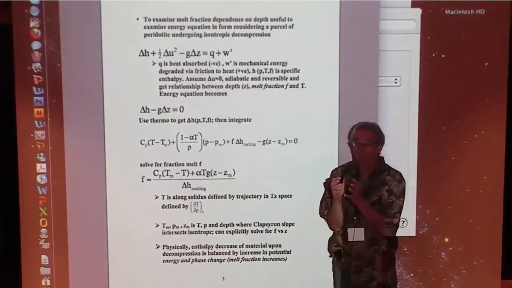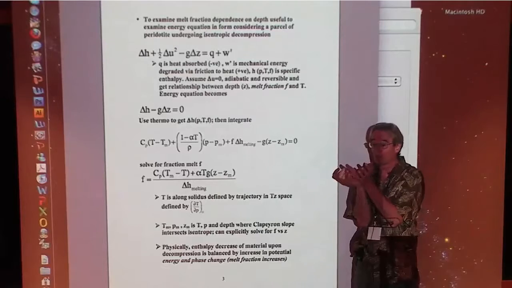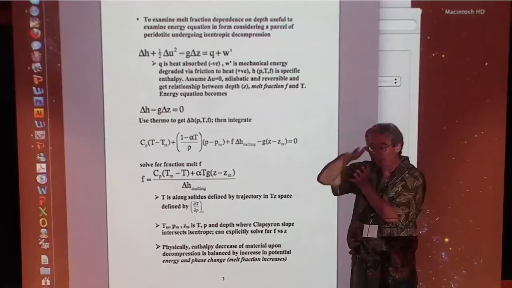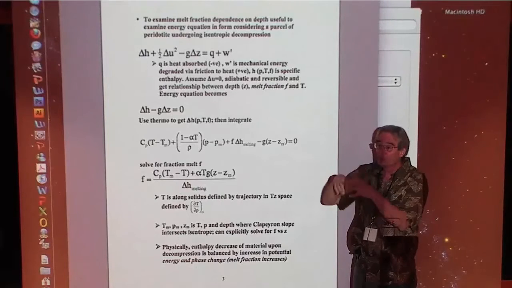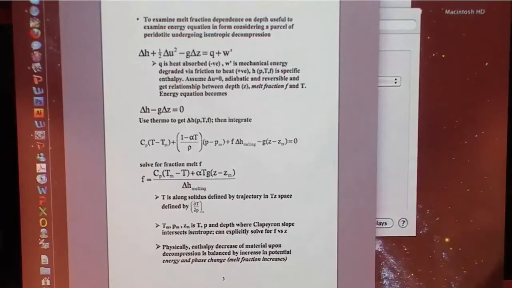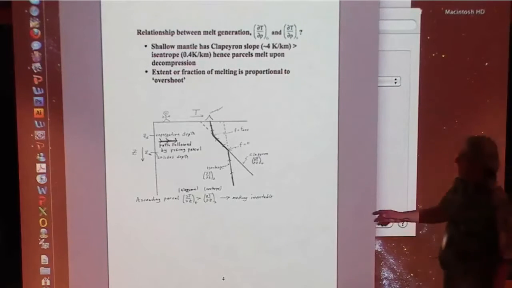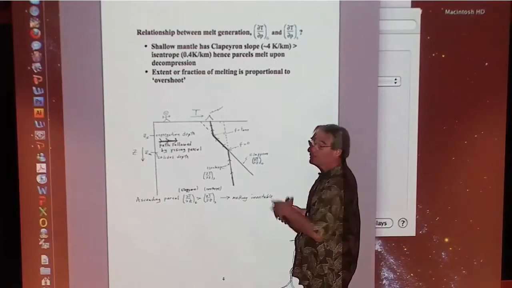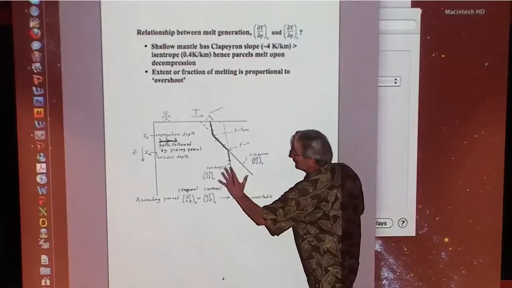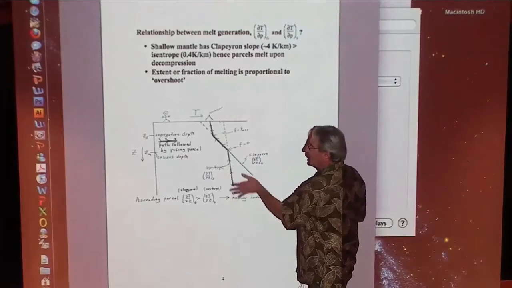You start with a diapir that's just kissing the Clapeyron slope. It's just starting to melt, and as you continue to decompress it, it then follows the Clapeyron slope. So here's the deal. You've got the parcel of whatever, or it could be a real prototype, and it's rising.